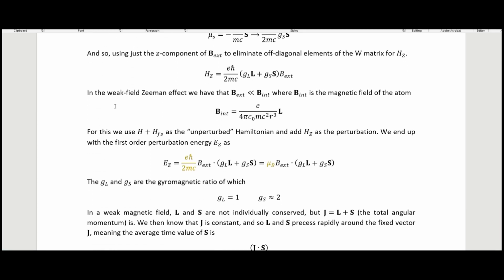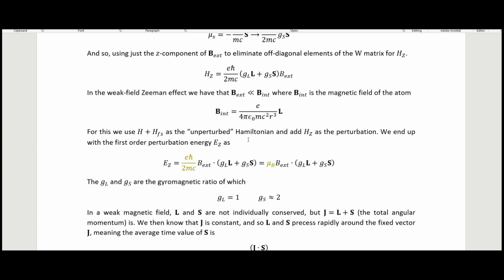All right, so in the weak field, what we're looking at is when the exterior magnetic field is less strong than the interior magnetic field, where the interior magnetic field is the actual magnetic field of the atom. For this, we have the unperturbed Hamiltonian plus the Hamiltonian of the fine splitting.